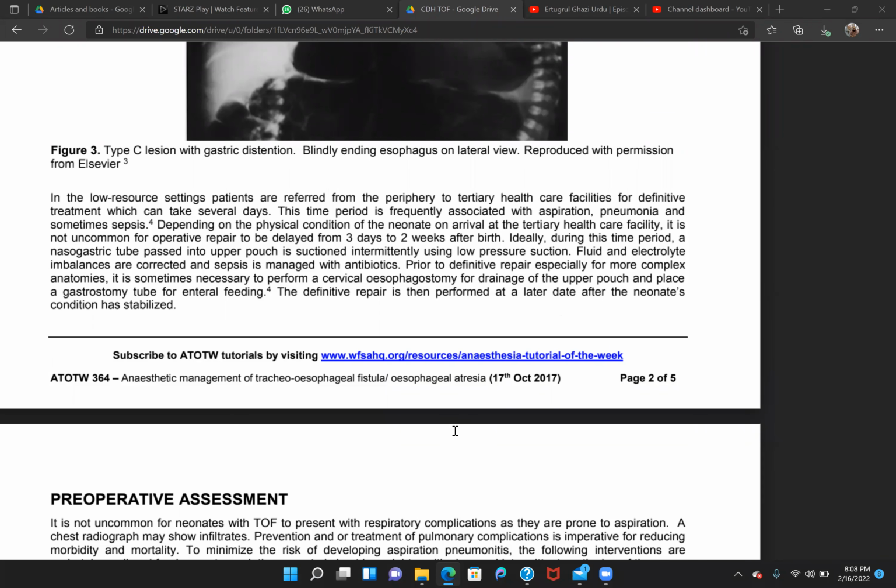Whenever there is any infection involving the lungs, there can be chances of pneumonia. Okay, so you will be looking at it that way, because especially in babies, the pulmonary compliance is already decreased. So there are more chances of developing pneumothorax or things like that. So you will be having lung protective strategies.